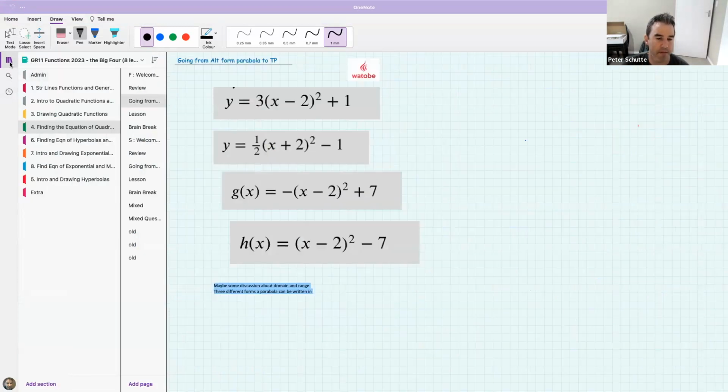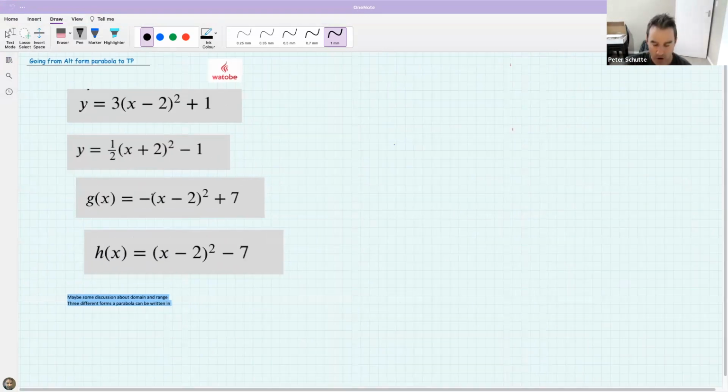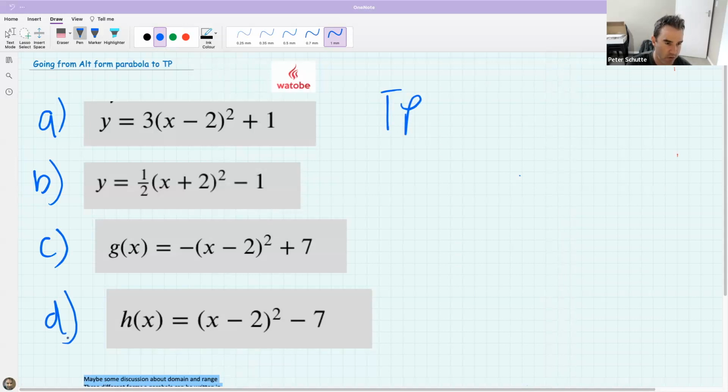Okay, now, today's first little skill increase: here are 4 parabolas, written in the turning point form. Let's call them A, B, C, and D. If I wanted to find the turning point of this parabola, I could change it into standard form and then use minus b over 2a, but that would take a long time.